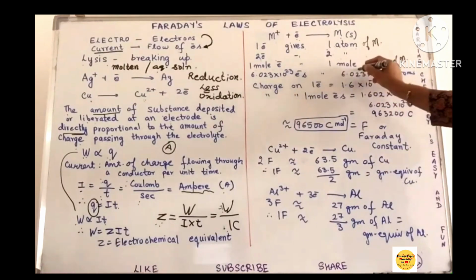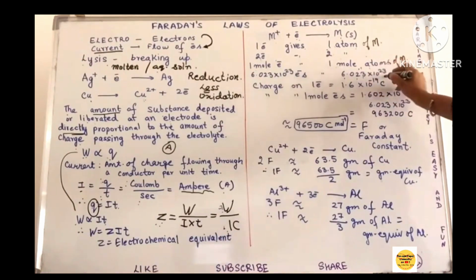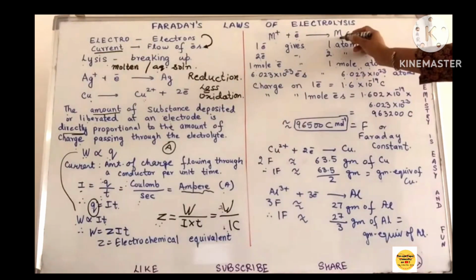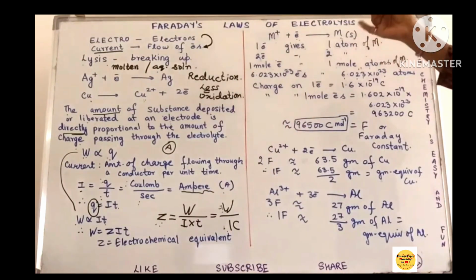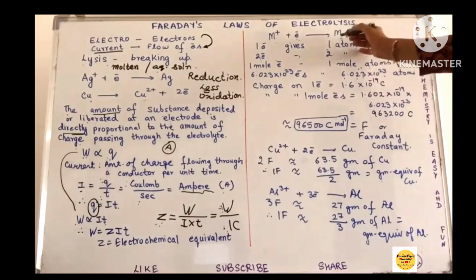What does 1 mole mean? Yes, it's Avogadro number, 6.023 into 10 to the power 23 atoms, or equal to the molecular mass or the atomic mass of the substance that we are talking about over here. It could be ionic mass, molecular mass, atomic mass, depending upon what state of the substance we are talking about.